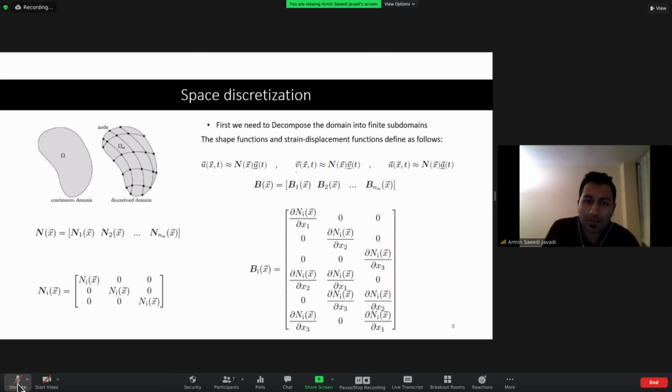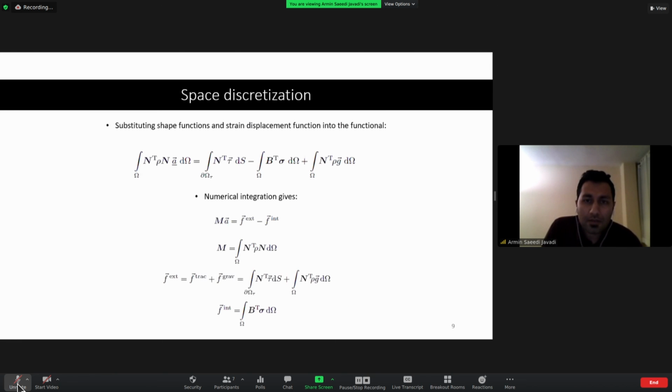And then by substituting these shape functions and strain displacement functions into our previous functional, we can reach the general form of F equals MA. Don't think it's complex, it's so easy.